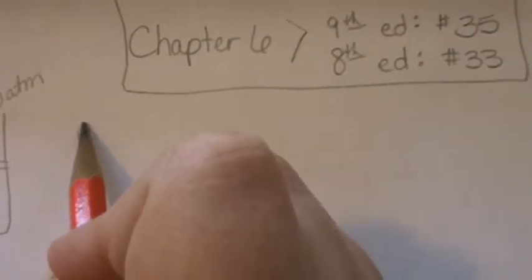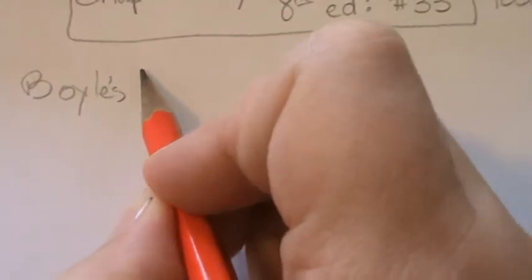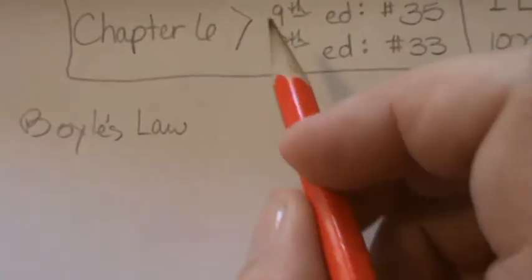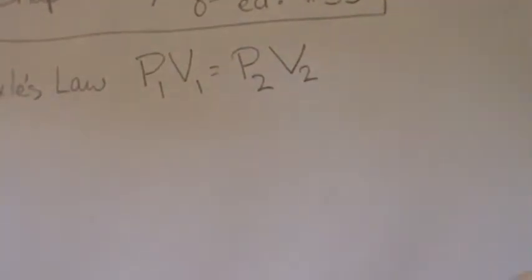The first step is that we need to remember that Boyle's law, from last chapter, is P1 V1 equal to P2 V2.